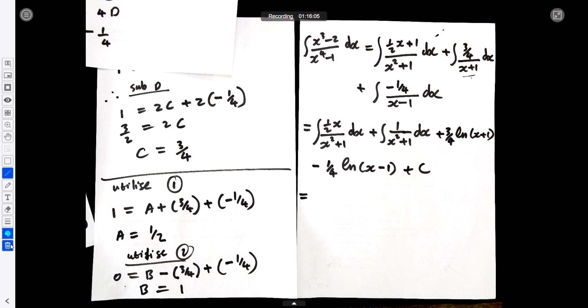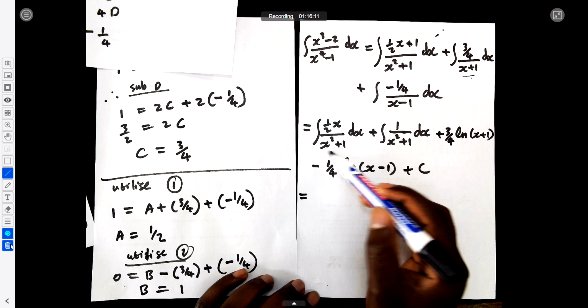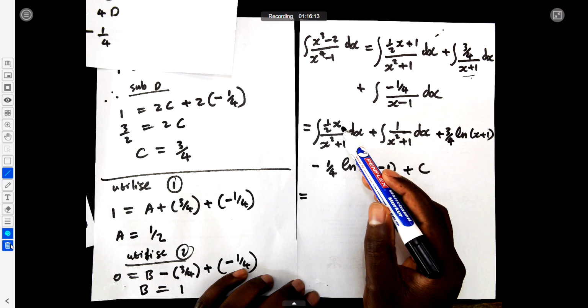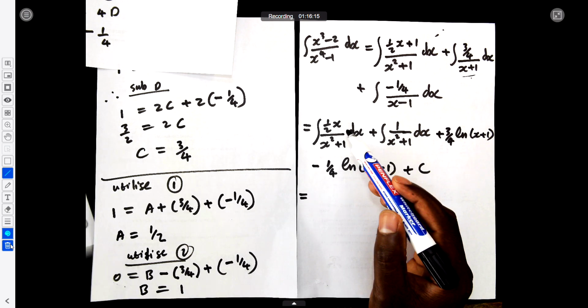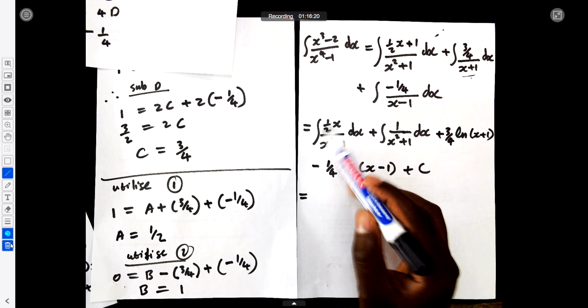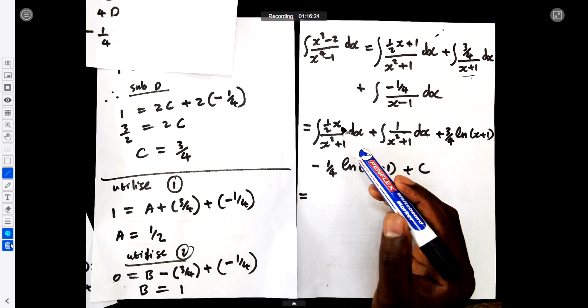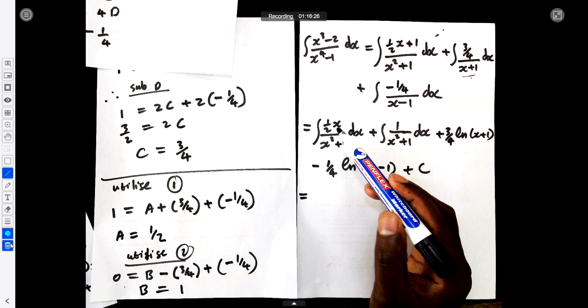When we utilize inspection, I hope you see the derivative of x squared plus 1 must give us 2x, isn't it? But here we just have x, with the 1 over 2 factored out. So there's a factor which is missing, which is 2. When we're done, you need to divide by that factor.